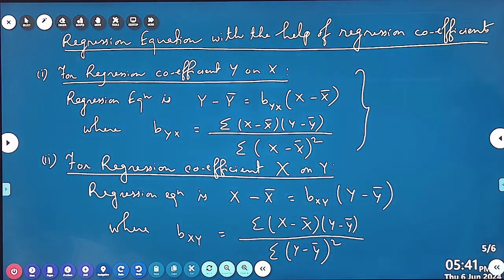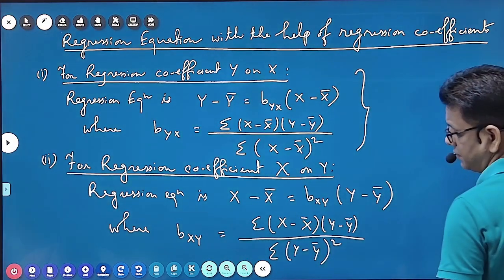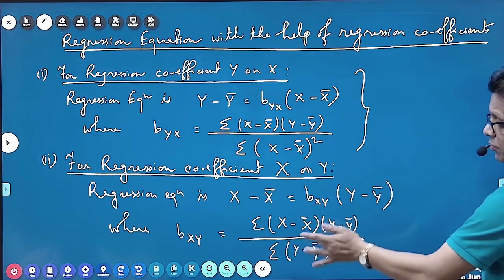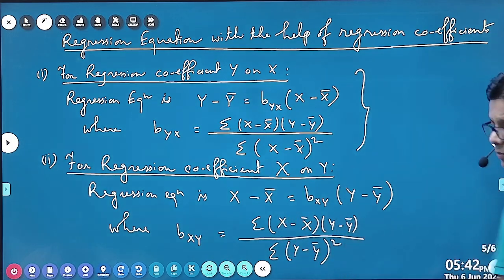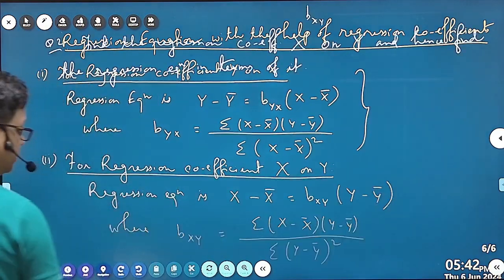I am going to write the equation, so you understand what you have to find first. What columns are required? First of all, you have to find x bar and y bar, then the columns x minus x bar and y minus y bar. But before that, you need to find the means.